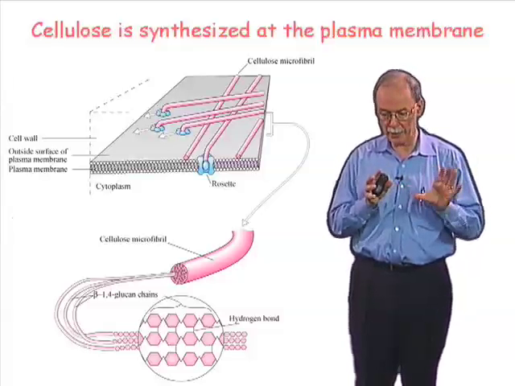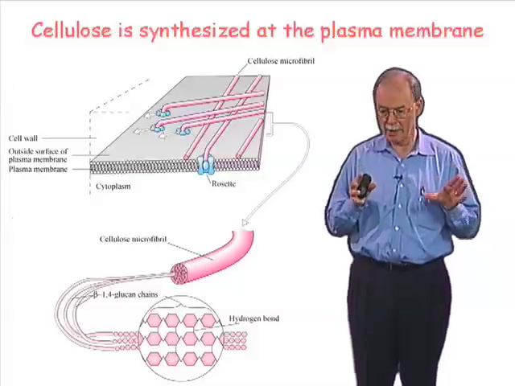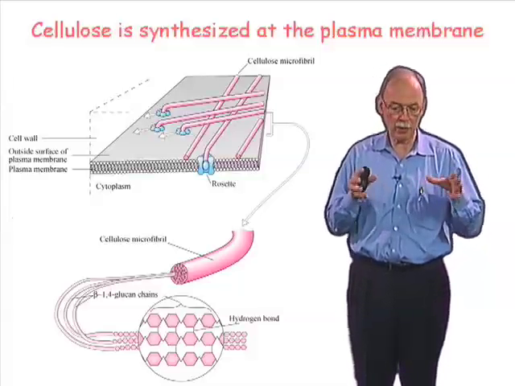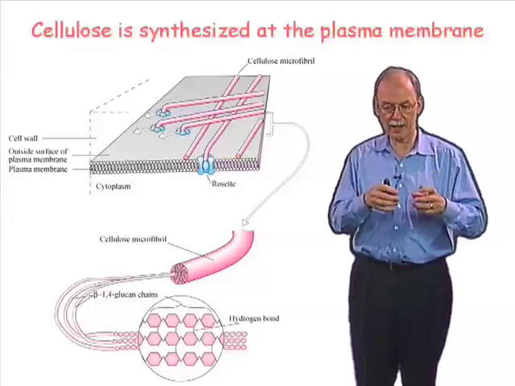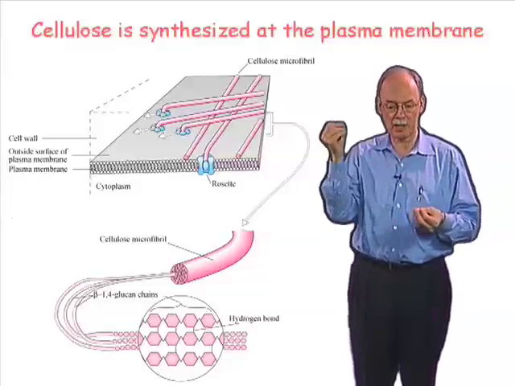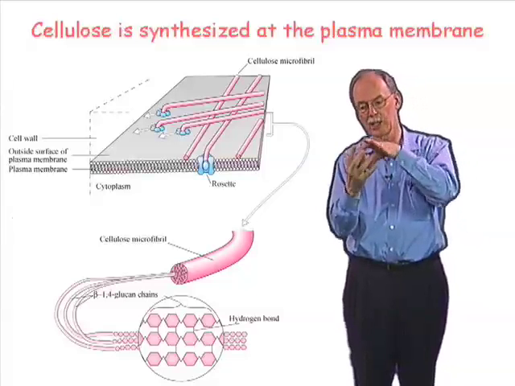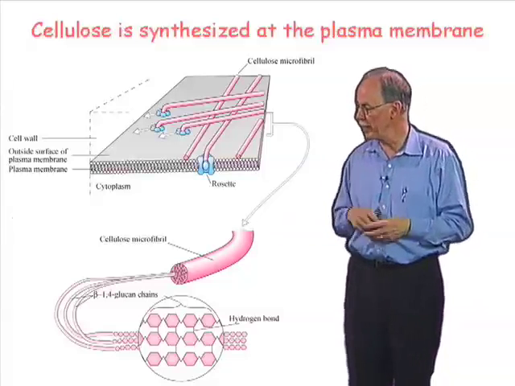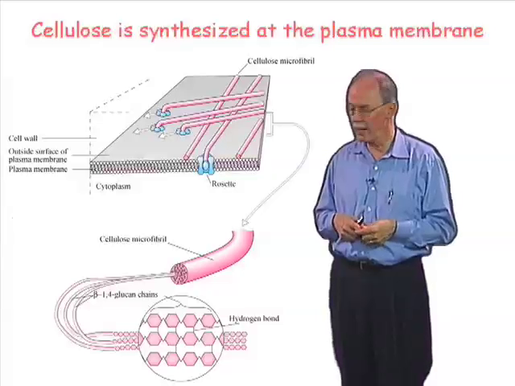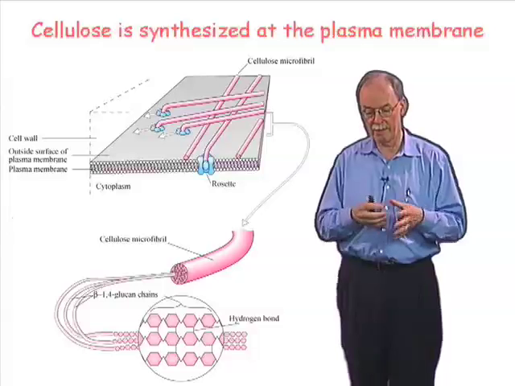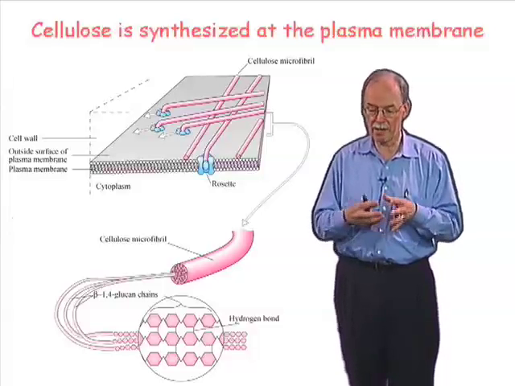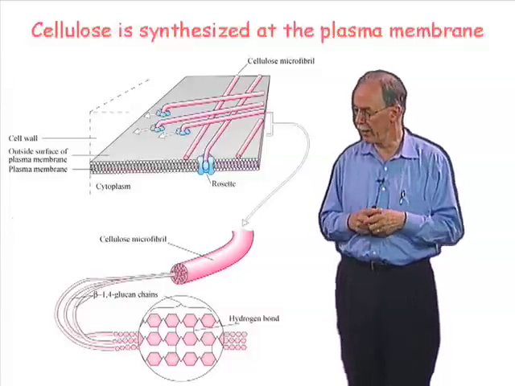What we've learned during the past few years is there's a large, probably 3 million Dalton complex sitting in the plasma membrane with about 36 active sites. Those active sites spin out these glucan chains which hydrogen bond to form the cellulose microfibrils. The hydrogen bonding of these microfibrils is one of the reasons that cellulose is a very hard and tough material. It's not well hydrated.